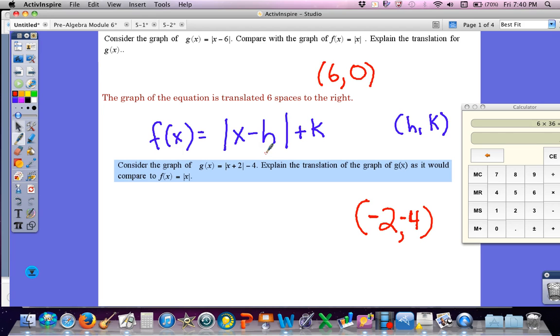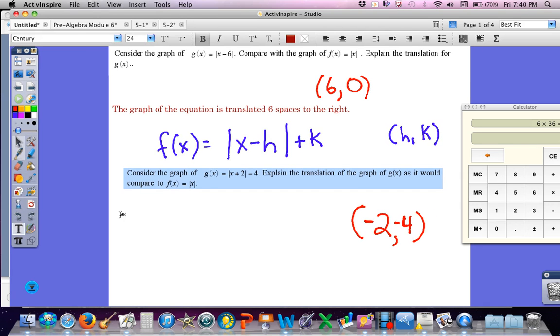So explain how the graph of it would change. Name my text box again, okay? The graph of the equation, you could also call it a function, I guess, is translated 2 spaces to the left and down 4 spaces.